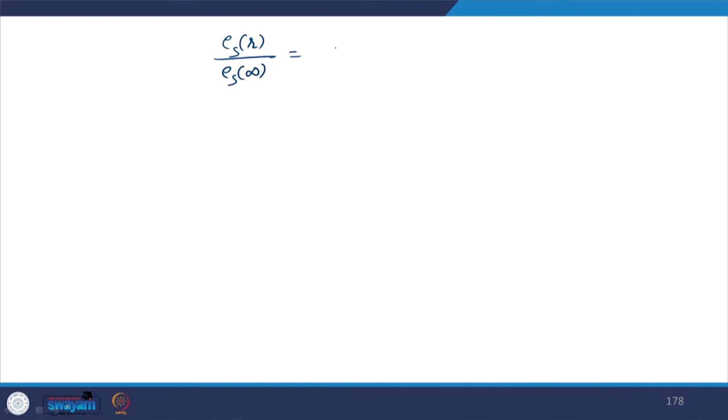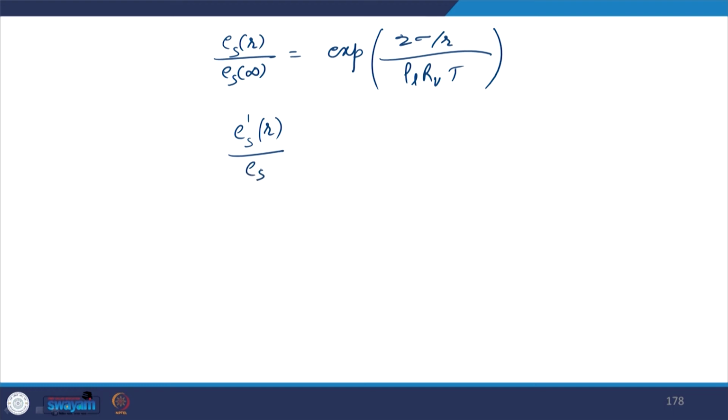Let us write Kelvin's equation: Es(R) by Es(infinity) equals exponential of 2 sigma by R rho L Rv T, and the solute effect: Es'(R) by Es is 1 minus i ms 3 mw divided by 4 pi rho L ms. This is increasing the saturation vapor pressure, and this is decreasing the saturation vapor pressure.